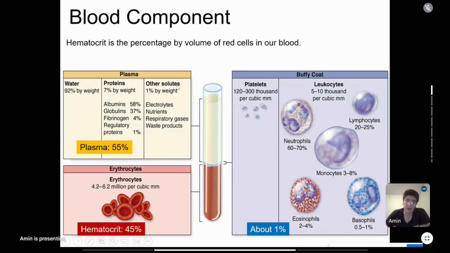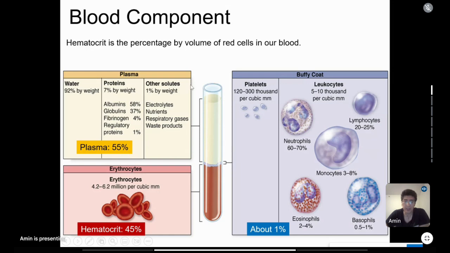And other solids, 1% by weight, consist of electrolytes, nutrients, respiratory gases, and waste products. All of these are plasma components.